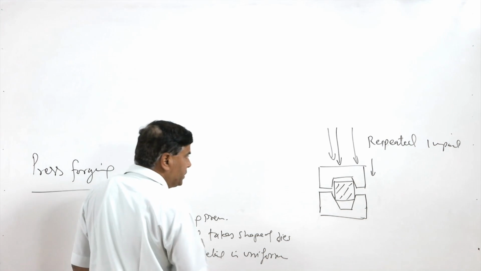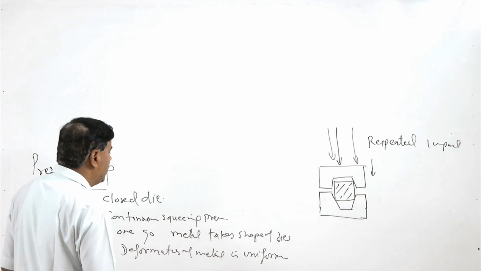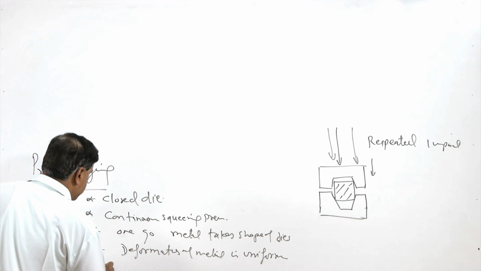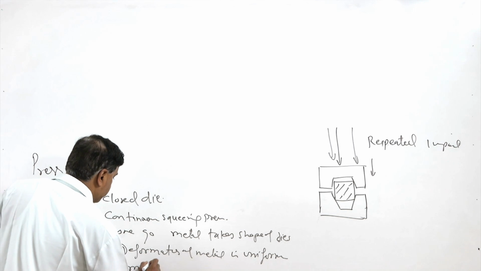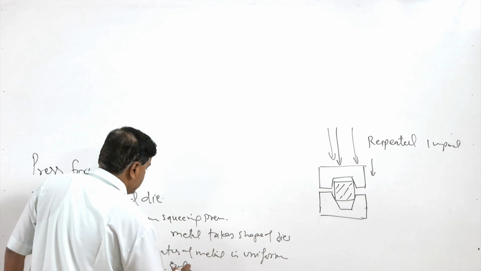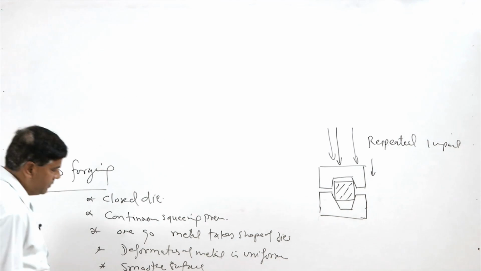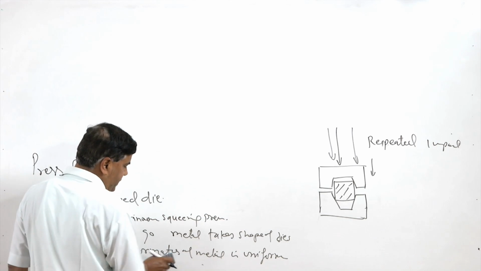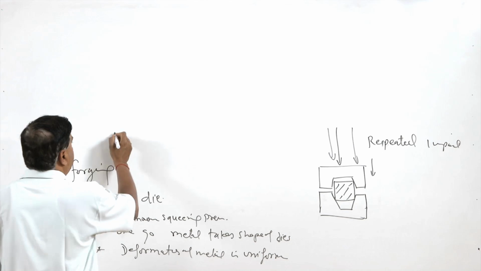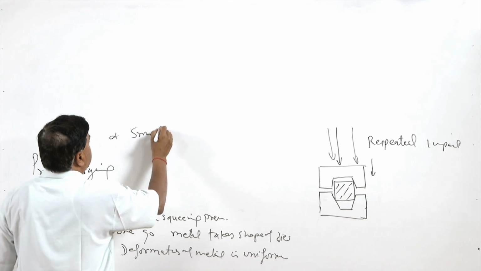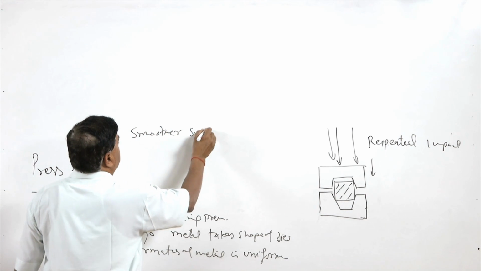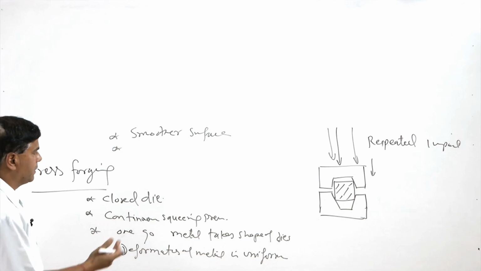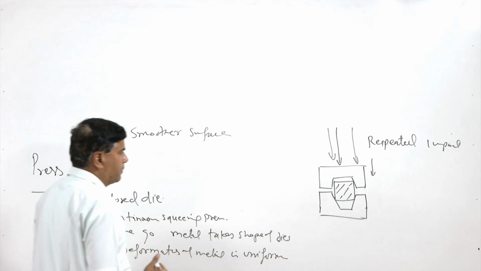So, more homogeneous and uniform flow of the metal takes place under the pressure conditions, and a smoother surface is generated. We can say a smoother surface is generated in press forged products as compared to drop forged products.